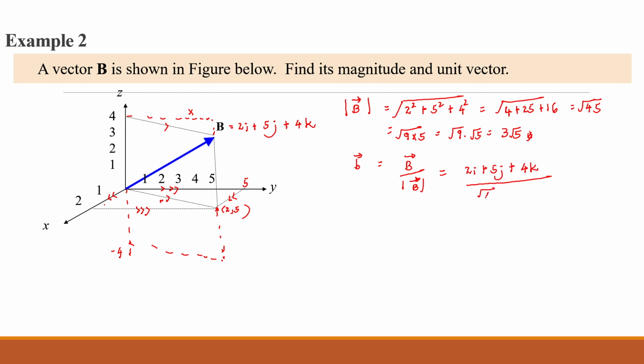Let's say you use root 45. You may leave it in this form, or you break it into 2 over root 45 i plus 5 over root 45 j plus 4 over root 45 k. So either one.